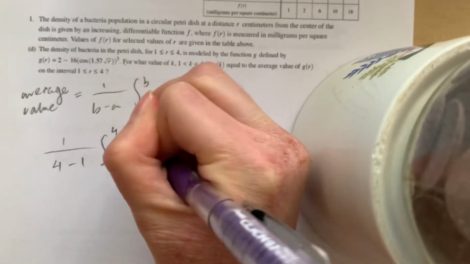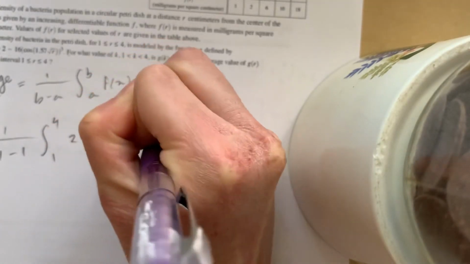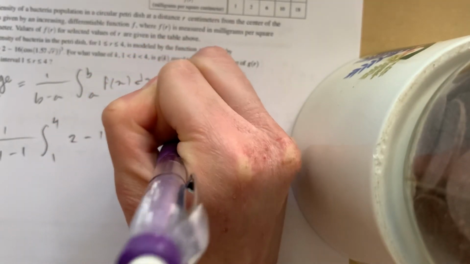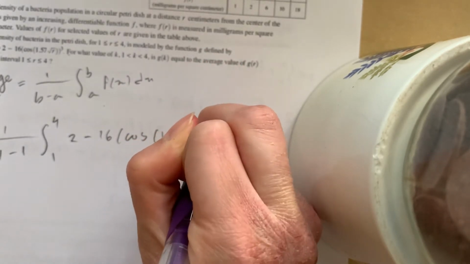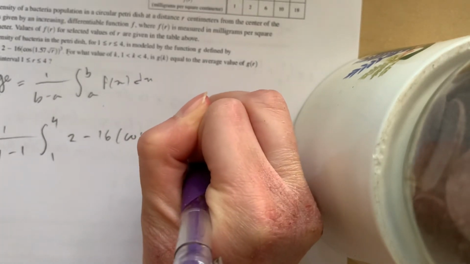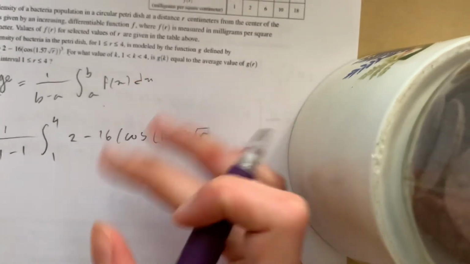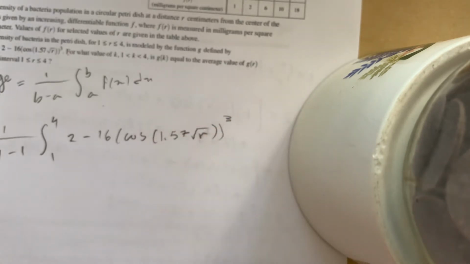Therefore, we're going to write it here. 16, let me move this a little bit. Cosine 1.57, and then, all right.